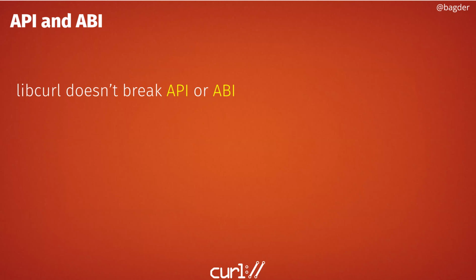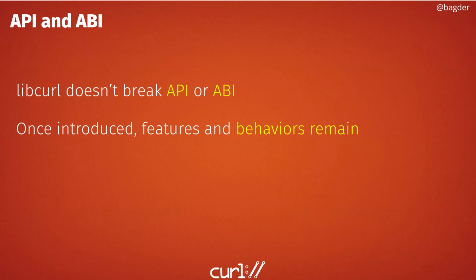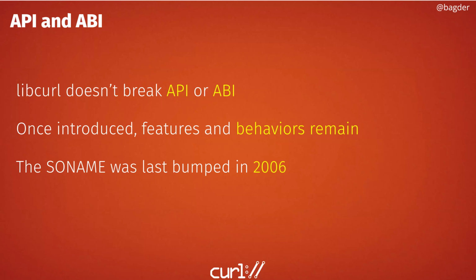Actually, most of the code we wrote in the early 2000s, you can still just run the same examples with the modern libcurl 24 years later. So the features remain. We've actually bumped the SO name, so a few things that we did before 2006, you cannot actually use today.